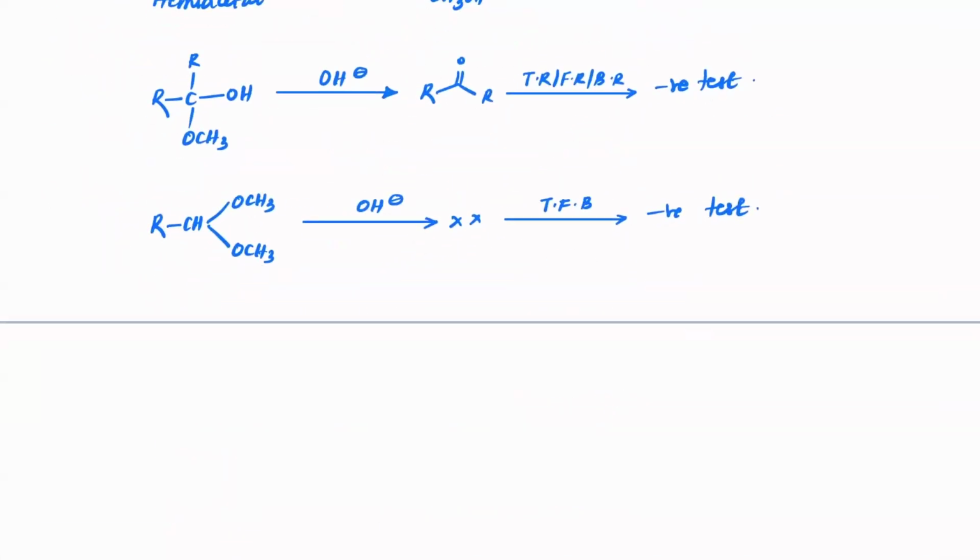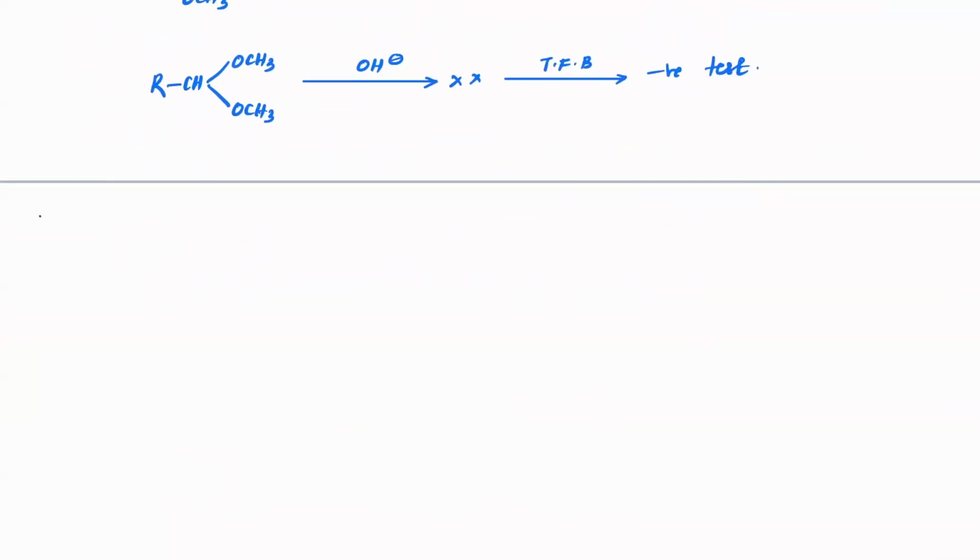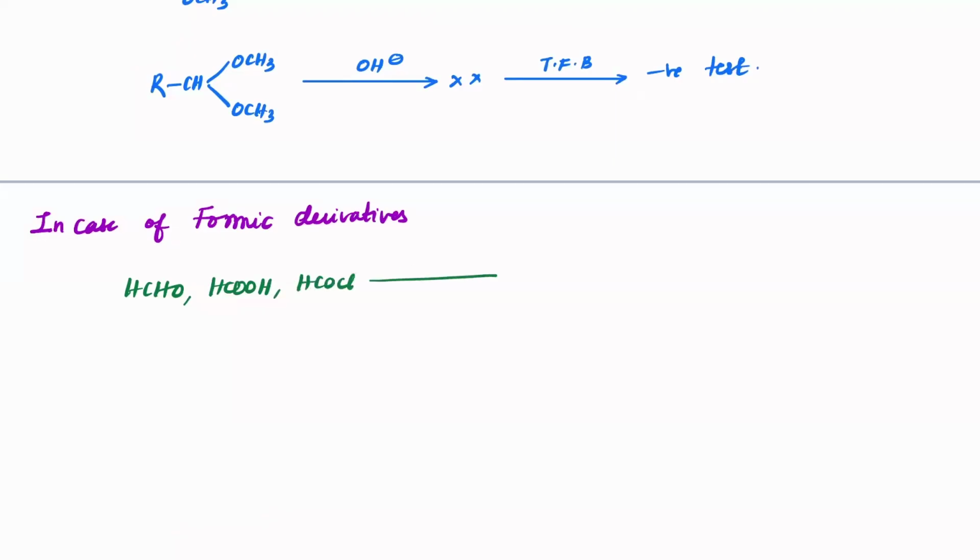Next, another point you will notice is that in case of formic derivatives, even if you have formaldehyde, formic acid, or formic chloride, all of them will easily get oxidized into CO2.